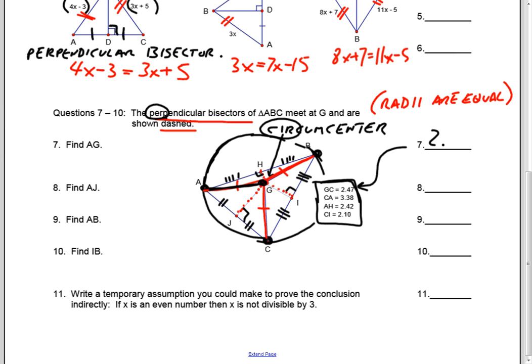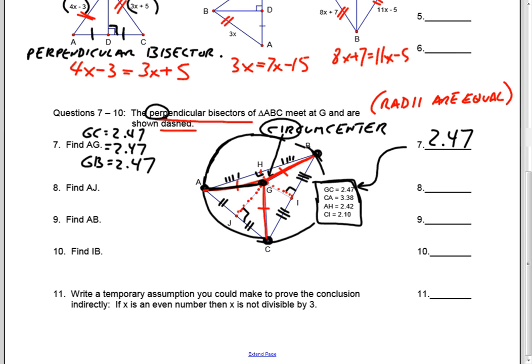That's 2.47. All of the radii are 2.47. So I could write over here GC equals 2.47. AG equals 2.47. Is there another radius? G to B, I'll write that in also. It wasn't asked for, but that's what I should be thinking when I'm looking at this diagram.